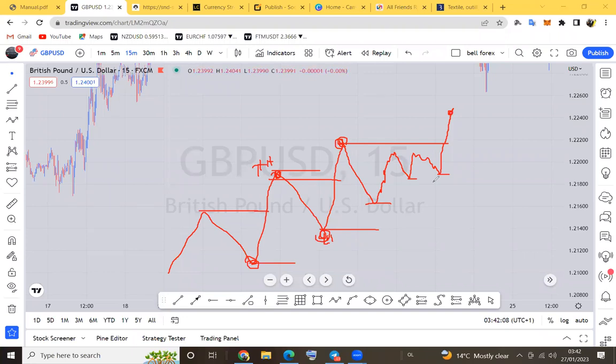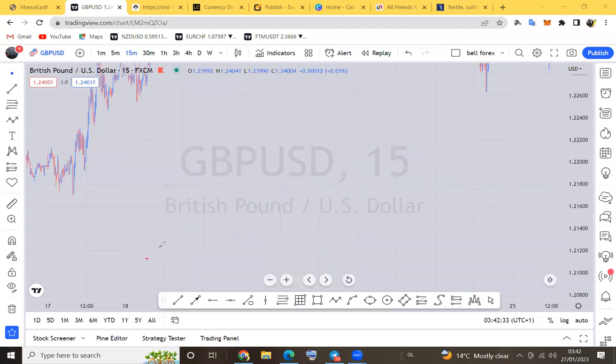So, my friends, you can understand what is meant by a swing structure and an internal structure. I repeat, a market in an uptrend will form swing and internal structures.